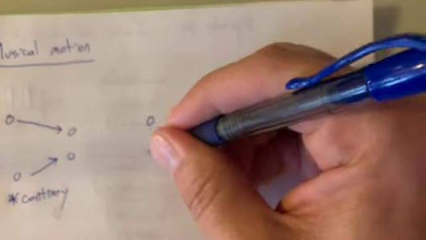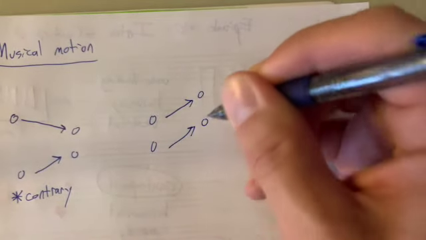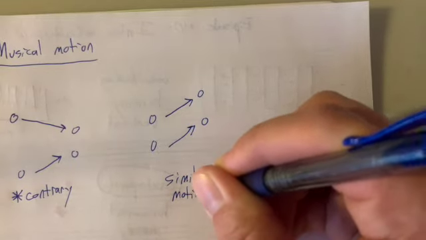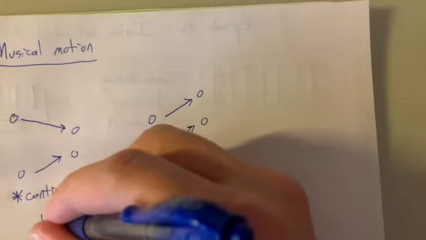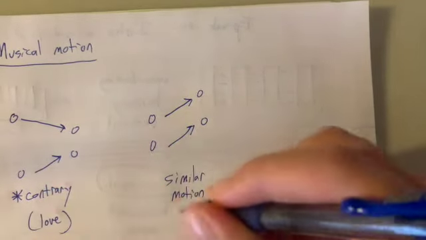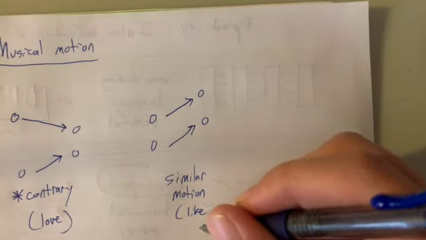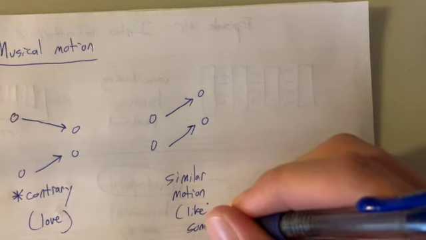You can have lines that move the same direction. And we call that similar motion. We like similar motion. We love contrary motion. We like similar motion sometimes.